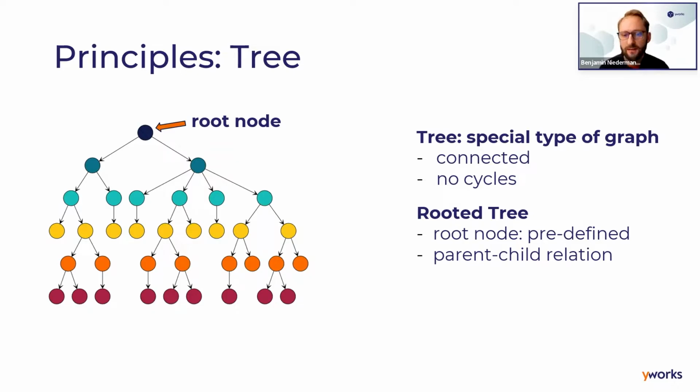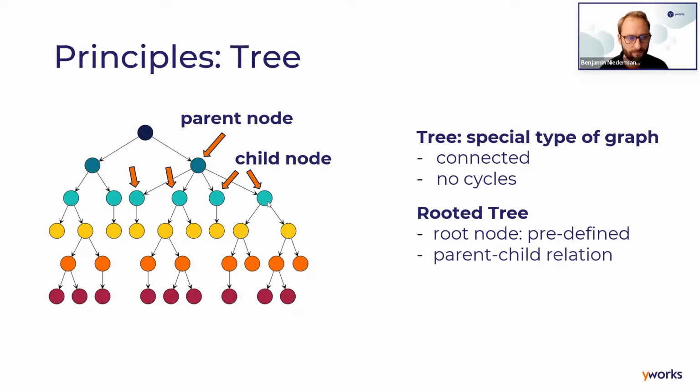So you basically need to define which of the nodes of a tree is the root node. But when you have defined this, it gives you a parent-child relation. For example, for this node, the children are these two nodes here, and for this node, the children are these nodes here. This parent-child relation is very important for drawing the graph, because it gives us some kind of structure for how we can actually draw that graph.